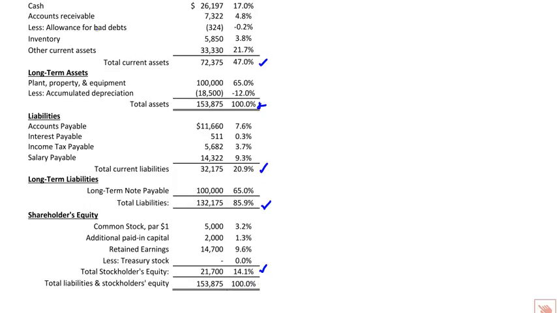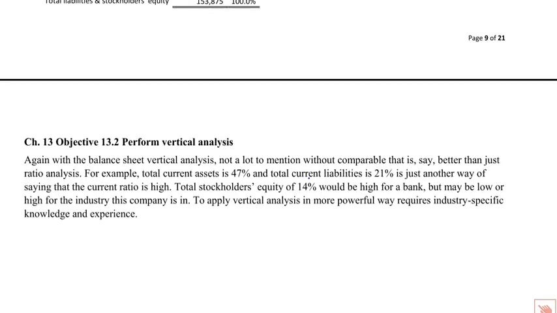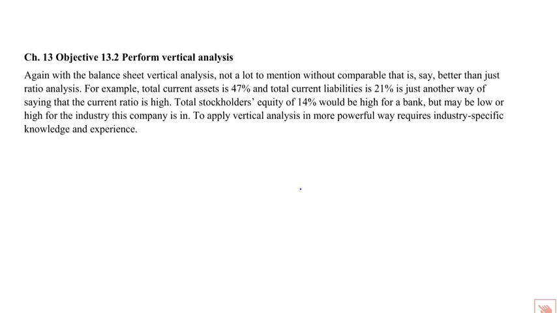Even though, let's see, you have AR and inventory, looks like a retail operation or a manufacturing operation. It is levered almost like a bank. So I think this company seems to have a lot of debt, even though their times interest earned ratio is good.